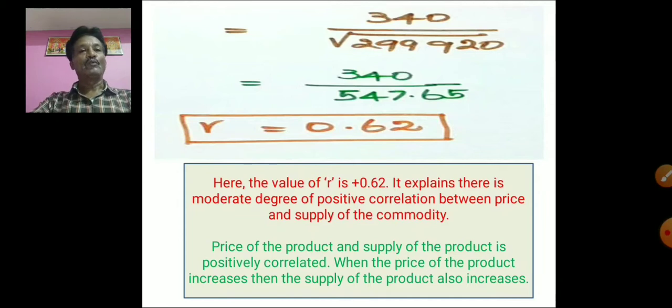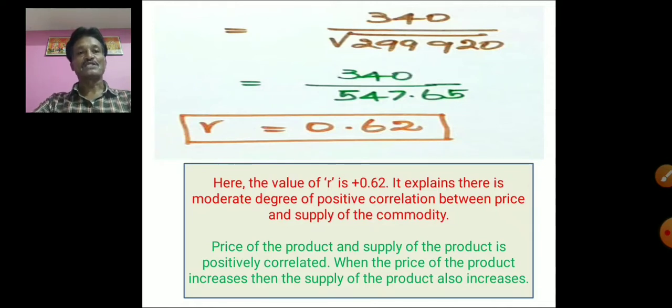Now what we have to do means we have to remove root for 2,99,920. For removing root for 2,99,920, we are getting 547.65. So now in the numerator we are having 340 and the denominator we are having 547.65. So now you divide 340 by 547.65, you will get the value 0.62.